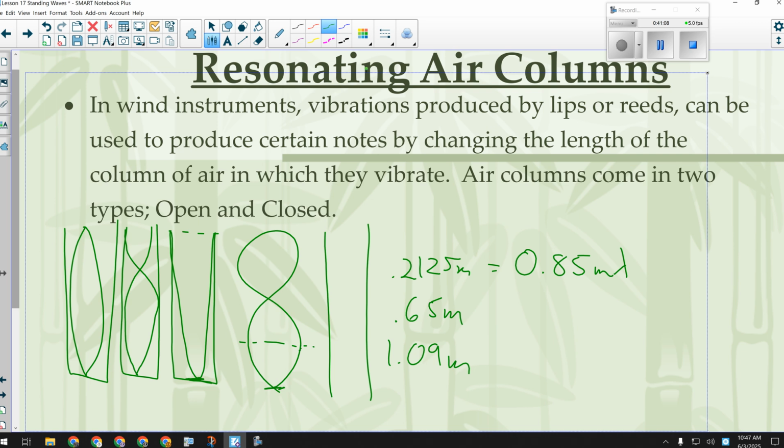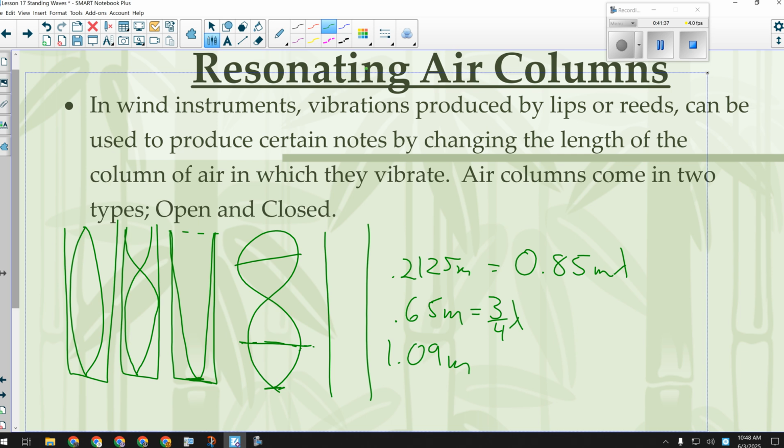How many wavelengths are in the tube? Three-quarters. Because the antinodes would be half a wavelength apart. If we're looking at this diagram, that's one antinode, that's another antinode. They're half a wavelength apart. So this would be 3/4 of a wavelength. So this number equals 3/4 of lambda.